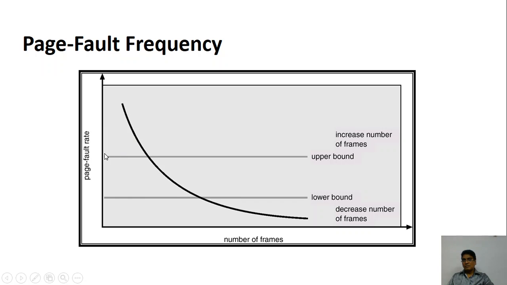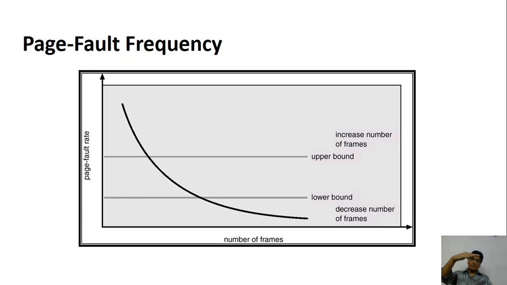So you set the upper bound here. If the page fault rate is going above this value, then decrease the number of processes. If it is coming down, increase. So if the page fault rate is going below some value, add more processes.